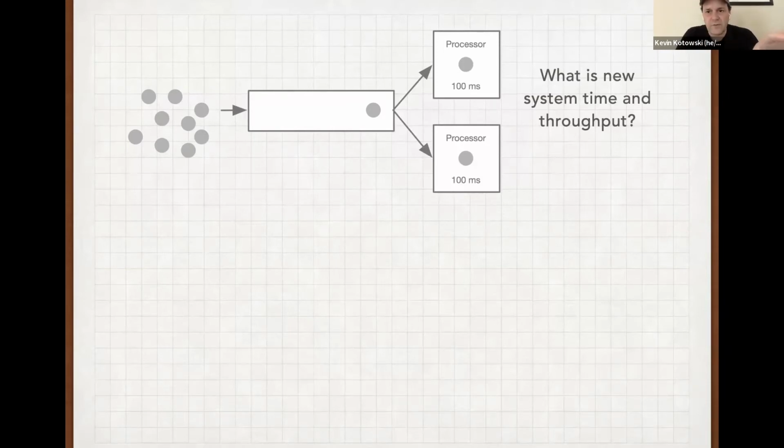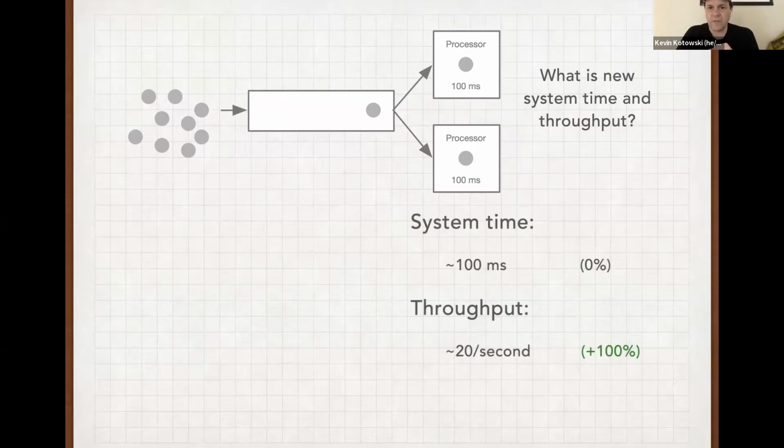All right, so Ron, you're assuming the processors are in parallel to determine the total time. Yeah, so what ends up happening is for a single customer going through, we're going to say that they just walk right up through the front of the line, so it's almost no time, and then they get processed by one or the other of the processors. So Ron's spot on saying that the system time is going to be about 100 milliseconds for any one customer.